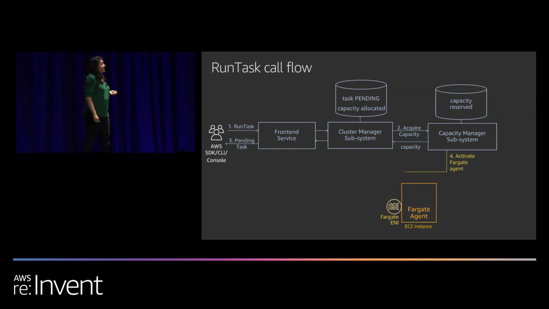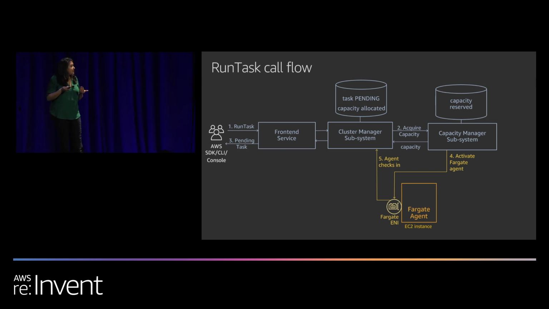Asynchronously, capacity manager service reaches down to the instance that was selected through that Fargate ENI and activates the Fargate agent. We keep the Fargate agent in a suspended state when it's in the warm pool because it's not in use. It's at this point that the Fargate agent actually gets activated. The Fargate agent will then register with the cluster management service.